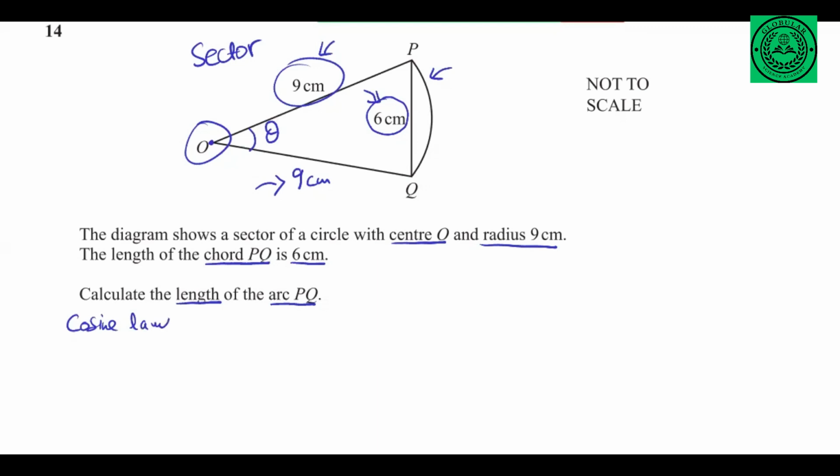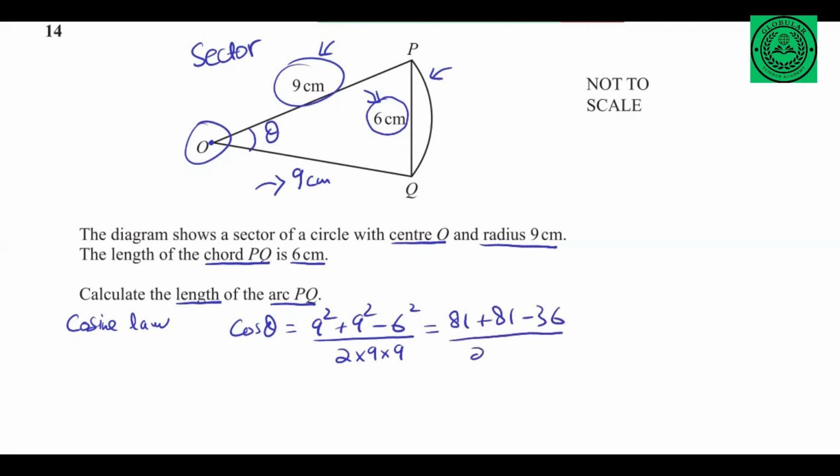So in this case, we have cos theta equals 9 squared plus 9 squared minus 6 squared, divided by 2 times 9 times 9, which turns out to be 81 plus 81 minus 36 over 2 times 81.